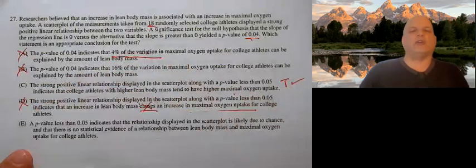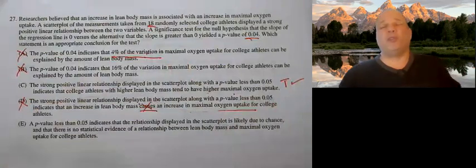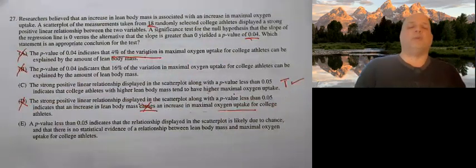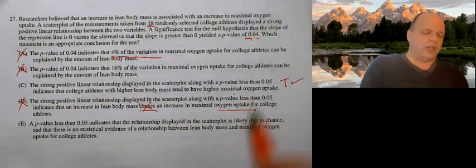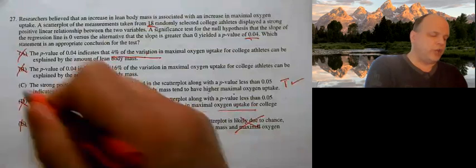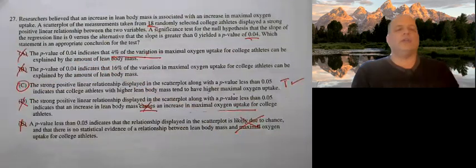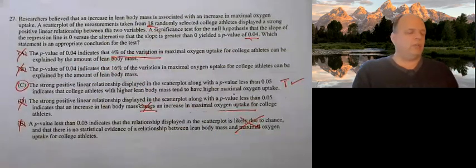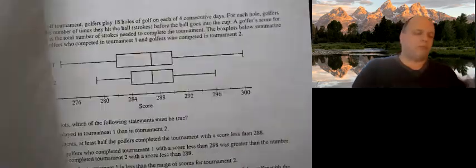So D is incorrect. Be very careful that you notice whether or not we're dealing with an experiment or an observational study. And this says it is likely due to chance. And no, it's not due to chance because it's a small p-value. If we had a p-value greater than 0.05, we might say it's due to chance. All right, so 27, the best answer is C.